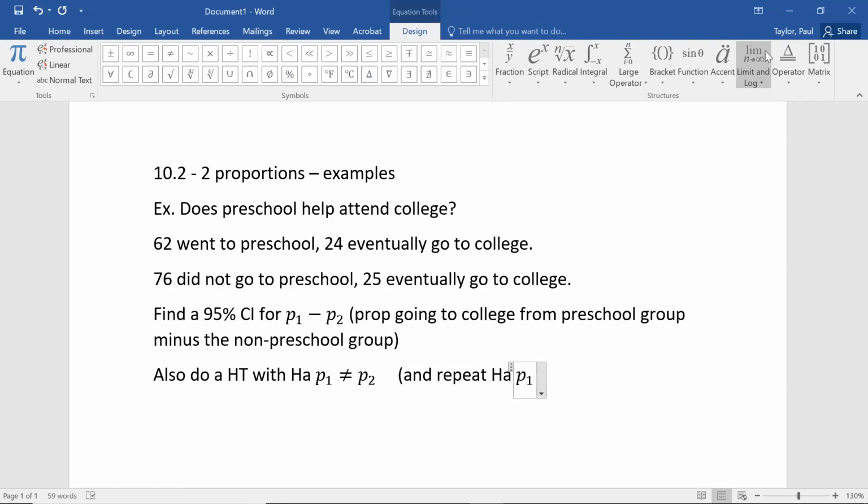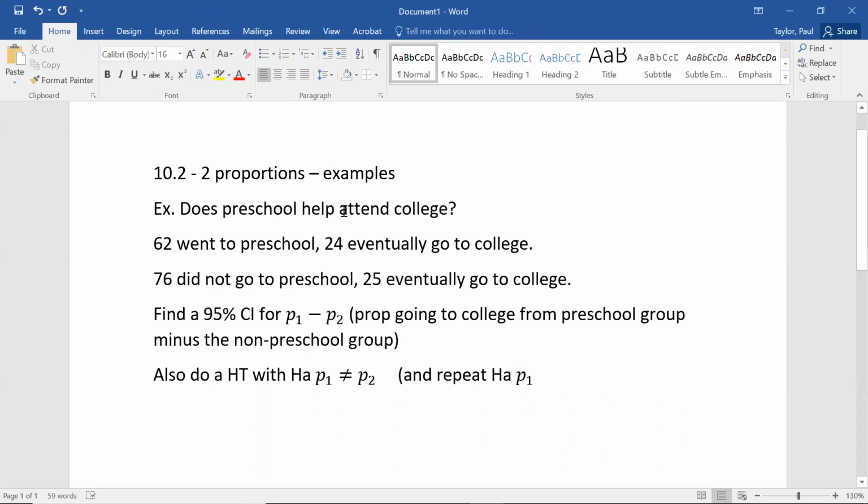So the thing that we're hypothesizing, the null hypothesis, is always that the groups are the same. So in other words, preschool makes no difference whatsoever. Up here I said, does preschool help? And if the preschool group is better off, I guess the proportion going to college should be higher in the preschool group.